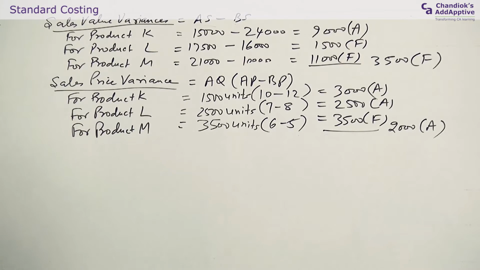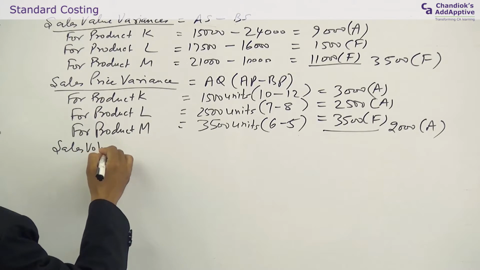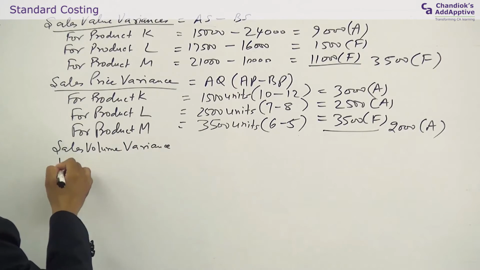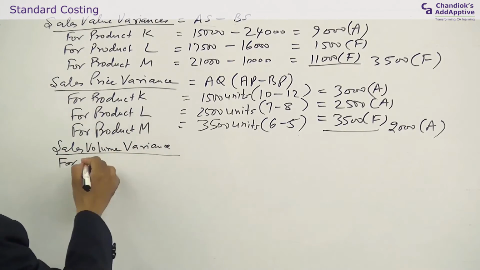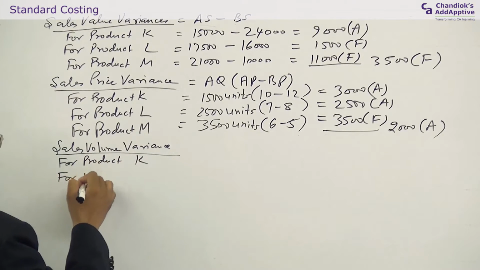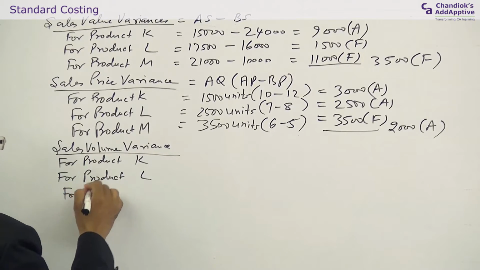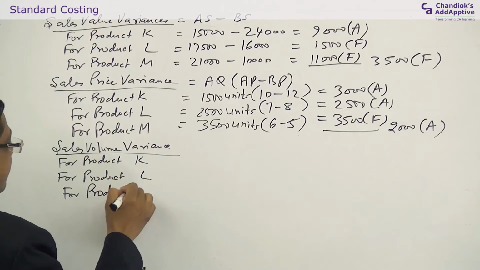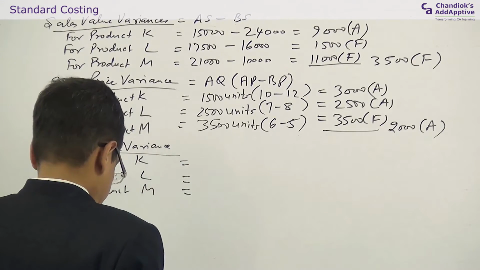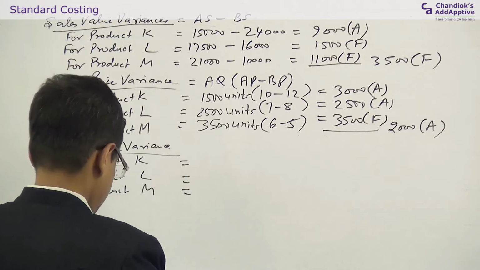Now, we proceed to next variance, sales volume variance. For product K, for product L, for product M. For volume variance, how you start?